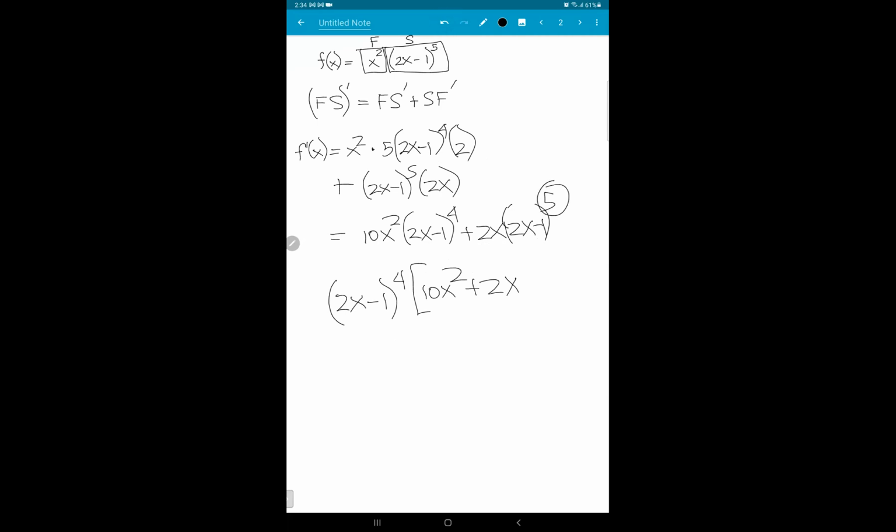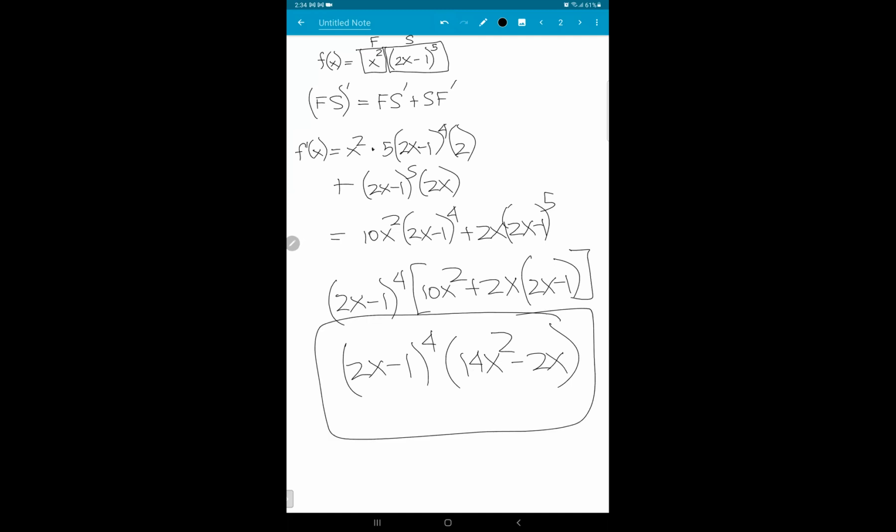Then you simplify the expression in the braces to write the final answer as 14x squared minus 2x. So that if you are asked for the second derivative, you can again apply the product rule. Actually, this should be the way we write our final answer.